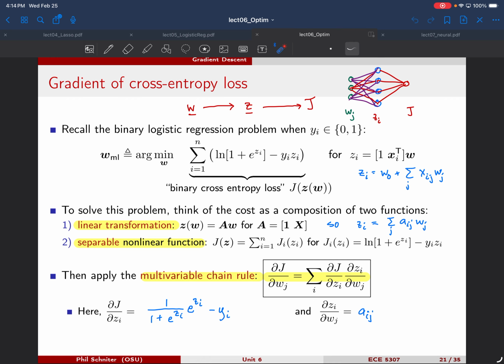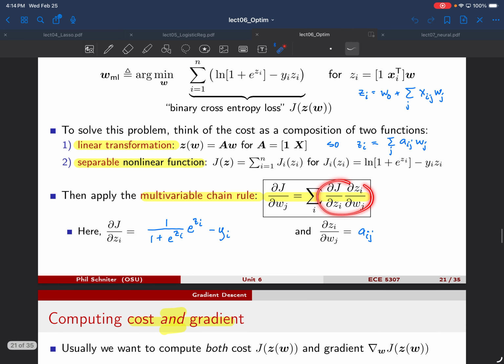Okay, so armed with this approach and with the equations that determine the relationship between the zi and J, as well as wj and zi, we went ahead and looked at those components, and then we plugged them into this expression.